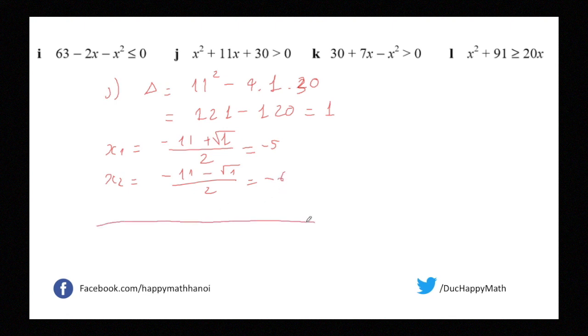So minus 6 here, minus 5 here, and the value of a is 1. So positive, negative, and positive. The question does not deal with negative or positive, so I will take both outside intervals. h will be less than minus 6 and greater than minus 5.